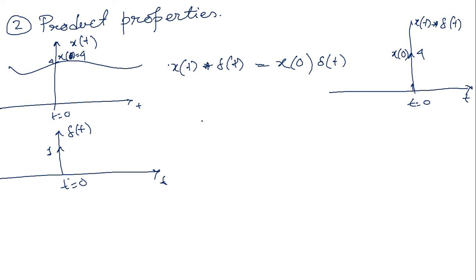I can multiply this x of t with delta of t minus t naught. So t minus t naught is a time shifting. Time shifting means, as we know, that minus means shifting towards the right.